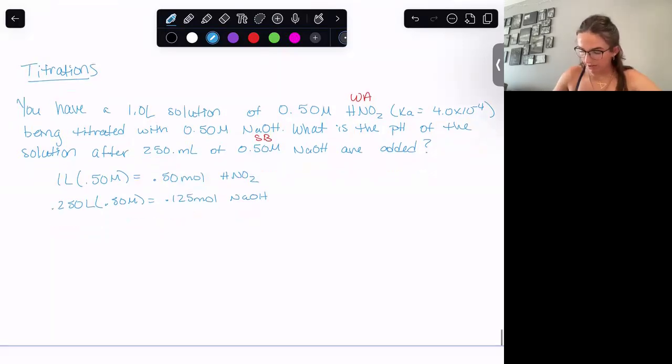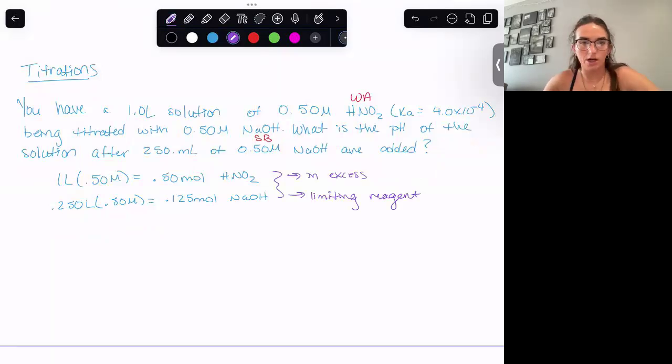But the big thing to tell you after you find moles is that you're comparing your moles of your acid to your base. You have a limiting reagent of your sodium hydroxide, and you have excess of HNO2. So you have more of your weak acid than your strong base.